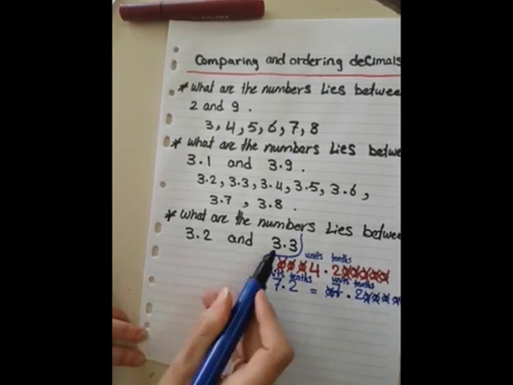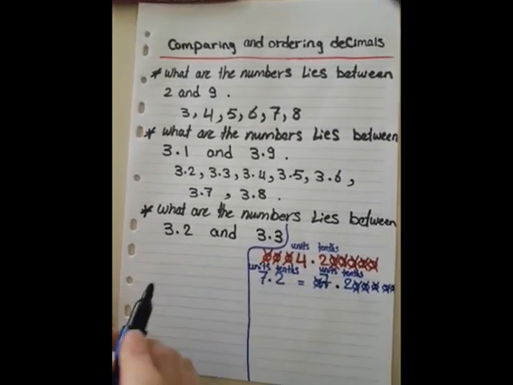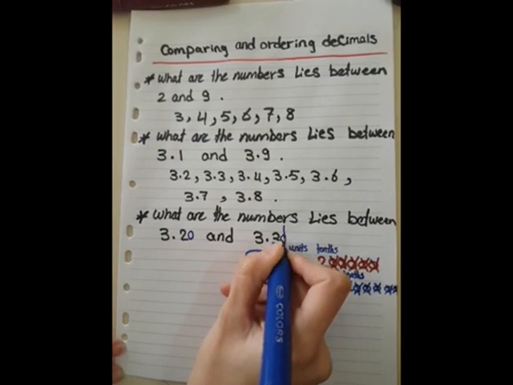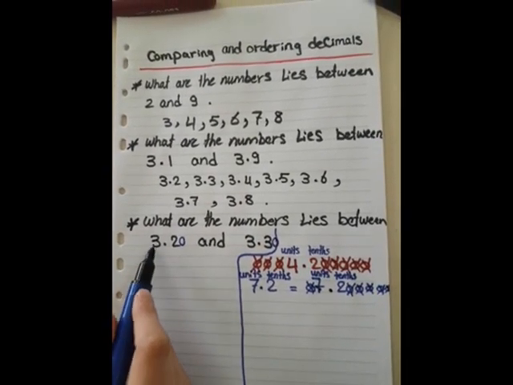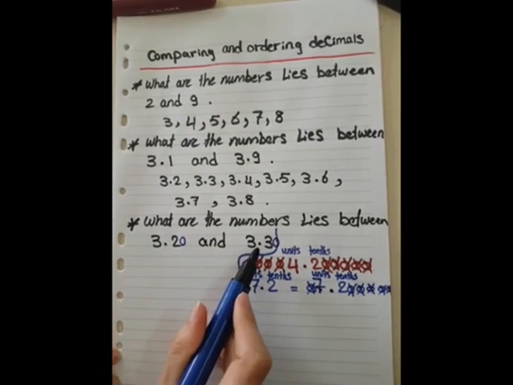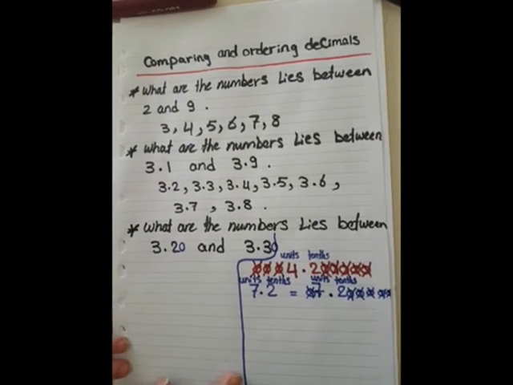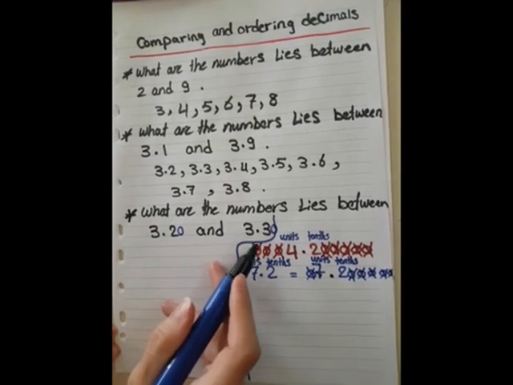So what shall we do here to solve this problem? We have 3.2 and 3.3. Of course, we can add a 0 here and a 0 here to get 3.20 and 3.30. Of course, this one equals 3.2, and this one equals 3.3. Okay, what are the decimal numbers that lie between 3.20 and 3.30?